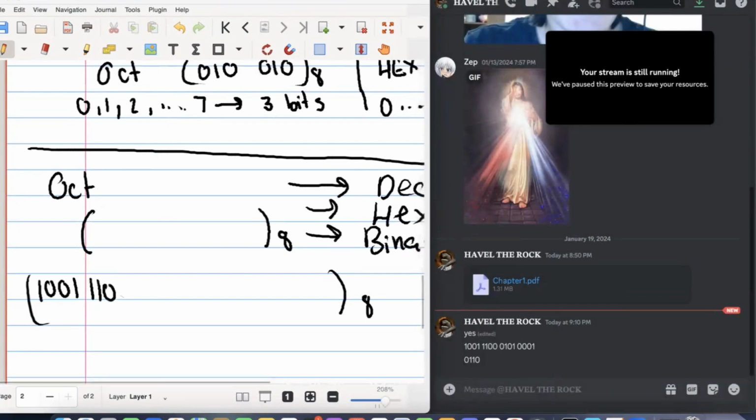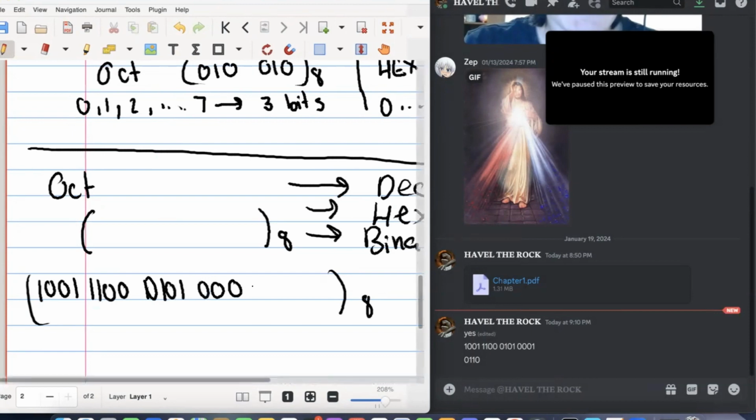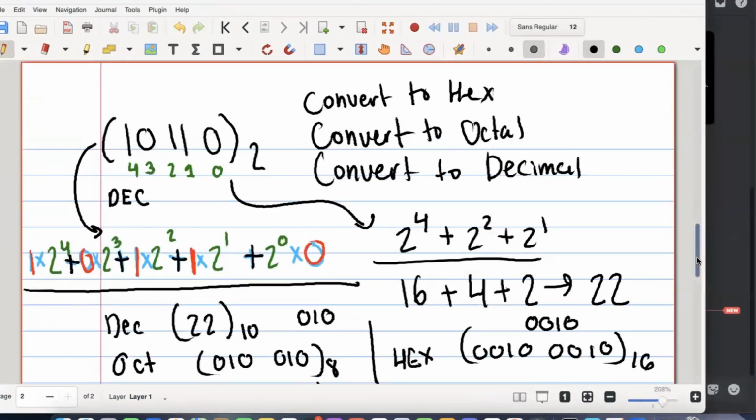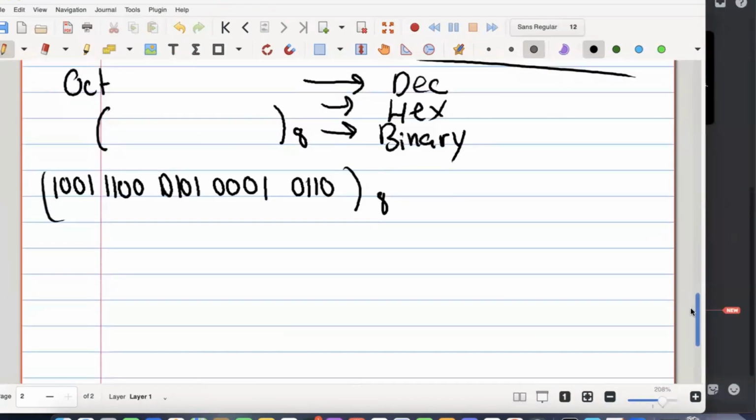No, you're good. 0, 1, 0, 1, 0, 0, 0, 1, and I'm just going to add the last thing over. Oh my god, this is going to be ugly to do in decimal, but you set us up, okay? Oh my god. Okay, so this is our ugly number in octal.